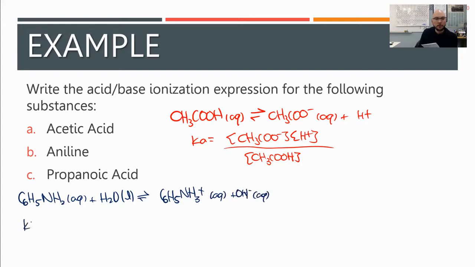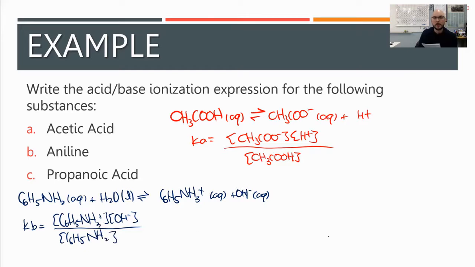And then we have to make sure that we're writing a Kb, because this is a base. So we're going to get C6H5NH3 plus aqueous multiplied by OH minus aqueous over C6H5NH, that should have been 3, pardon, NH2.